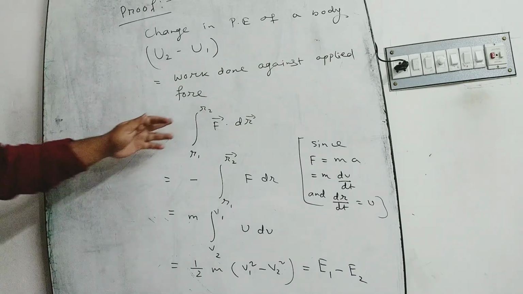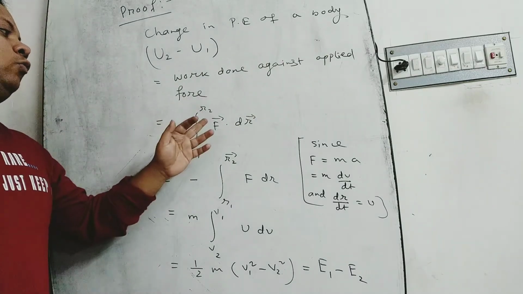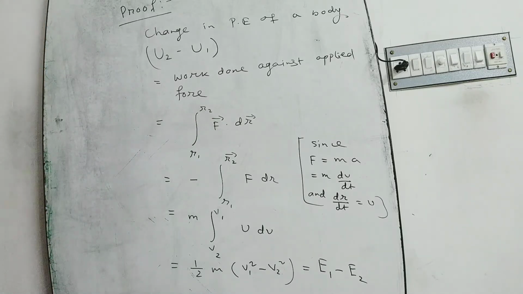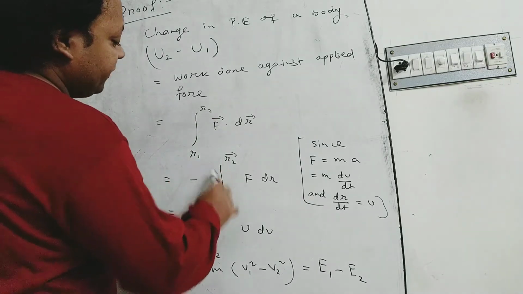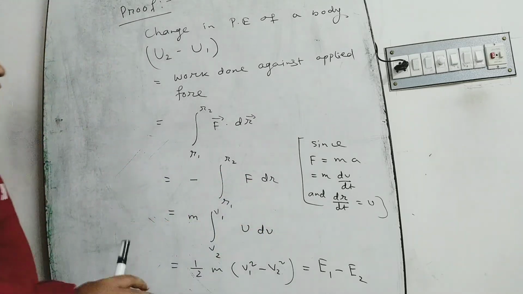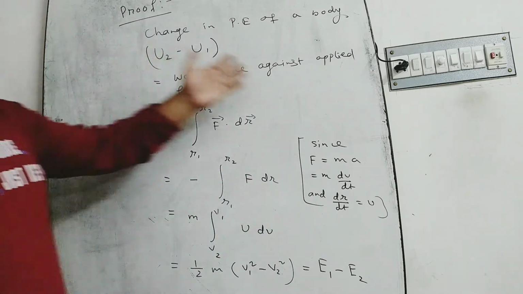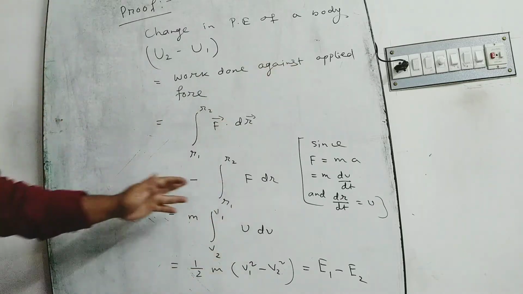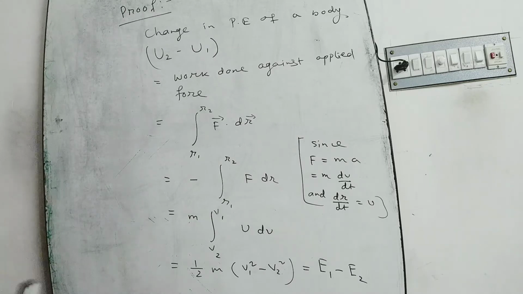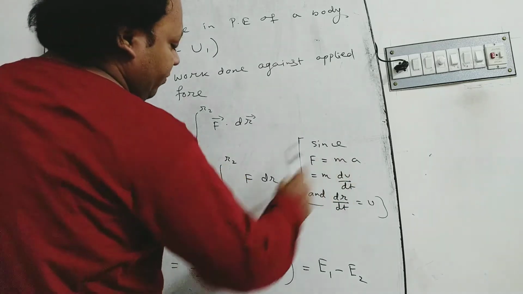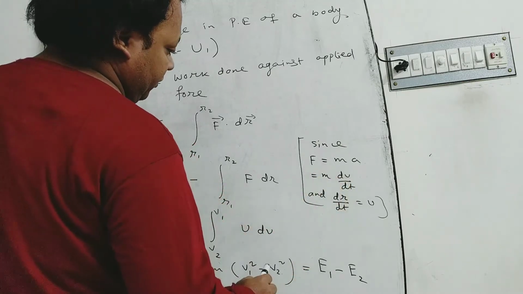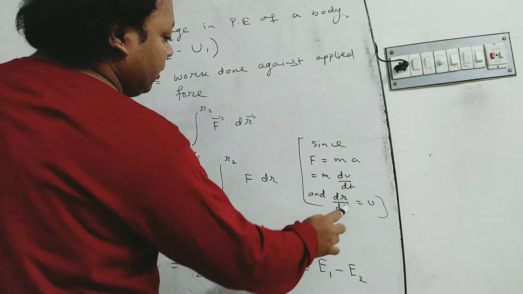This is equal to integration of r1 to r2 F vector dot dr vector. This is equal to minus integration r1 to r2 F dr. Since the work done is against the applied force, a negative sign is introduced. And we know that F is equal to ma, or F is equal to m into dv by dt, while v is equal to dr by dt.